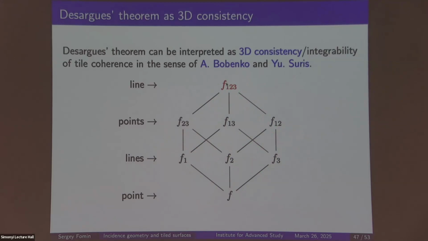Okay, this can be viewed as a reformulation of Desargues' theorem, and this is called by Bobenko and Suris a 3D consistency condition, and they have a whole book that explains why, morally, this corresponds to integrability of the discrete dynamical system that propagates using the consistency condition.